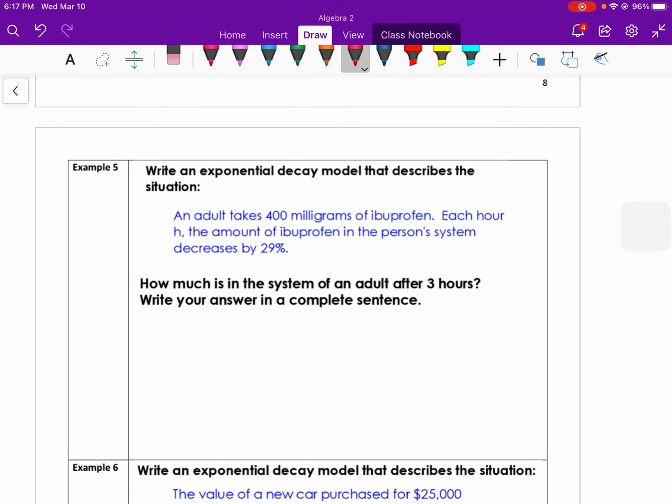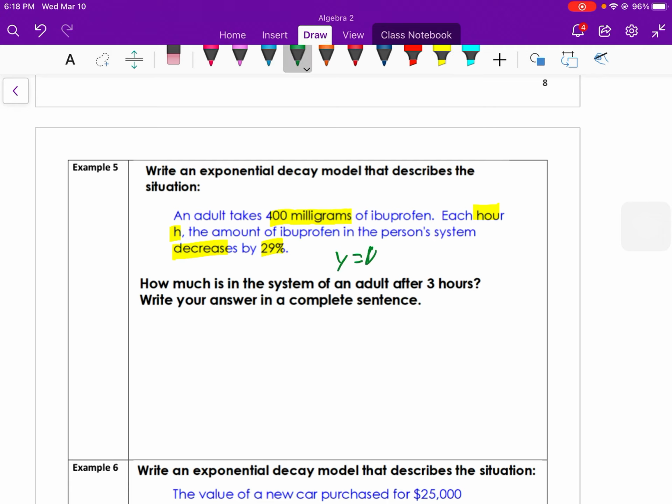All right. So again, now we are writing an exponential decay model that describes this situation. An adult takes 400 milligrams of ibuprofen each hour, H. The amount of ibuprofen in the person's system decreases by 29%. So the keywords we're looking for: 400 milligrams, that's our initial amount. Each hour, H is now that variable of time, and it decreases by 29%.